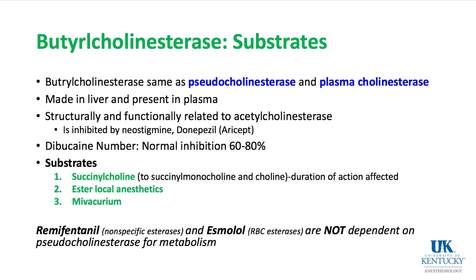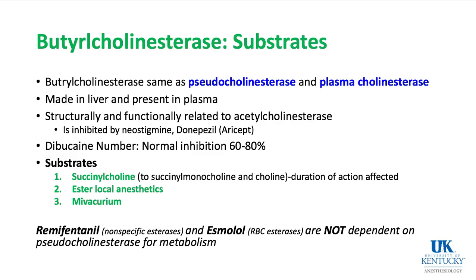Let's move on now to butyrylcholinesterase substrates. Butyrylcholinesterase is also called pseudocholinesterase, plasma cholinesterase, or false cholinesterase. This enzyme is made in the liver and circulates in the plasma.